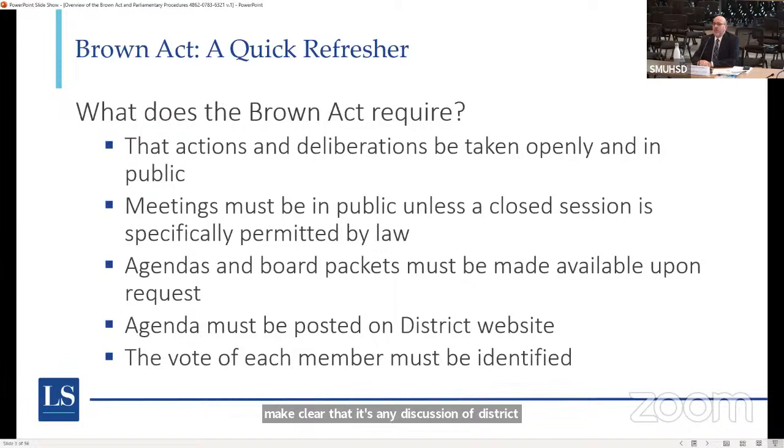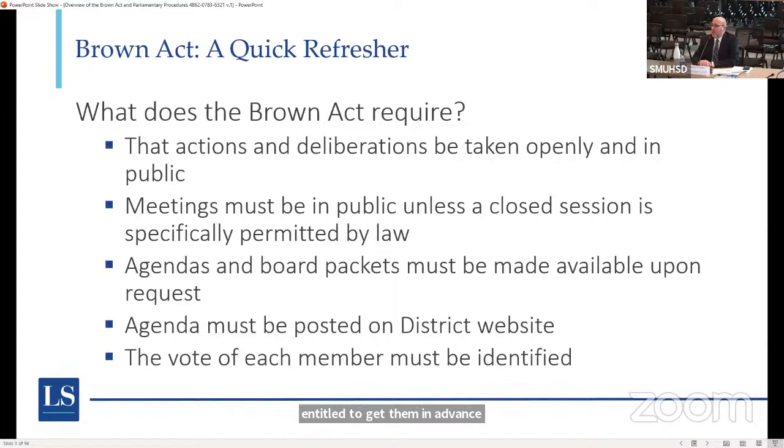So it has to be open in public. Generally speaking, everything's done in open session unless a closed session is specifically permitted. I'm going to talk to you about closed sessions and what's permitted there. Agendas and board items, board packets have to be made available to the public. If somebody's requested getting them in advance, they're entitled to get them in advance.